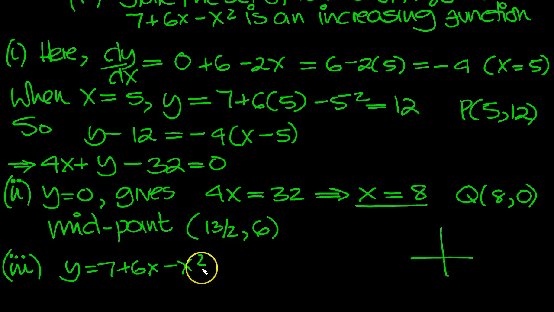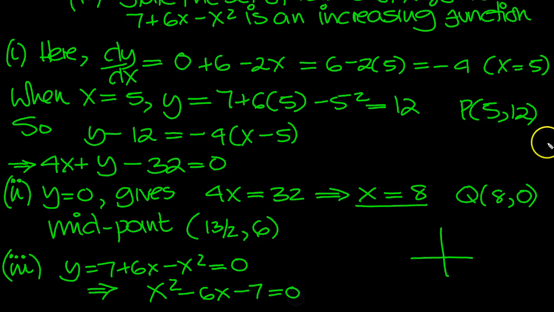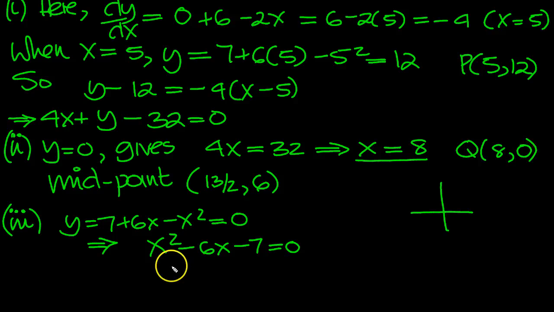So we need the line of symmetry, so we better complete the square here, or we could find the roots. So let's just let that equal 0. So I'm going to find the roots. X squared minus 6x, I'm going to flip the sign. Minus 7 equals 0, because this should factorize quite easily here.